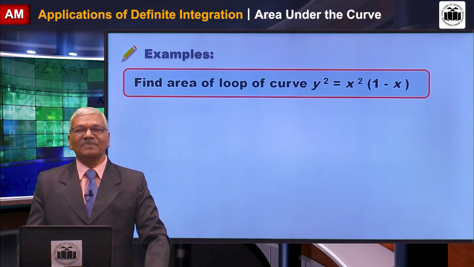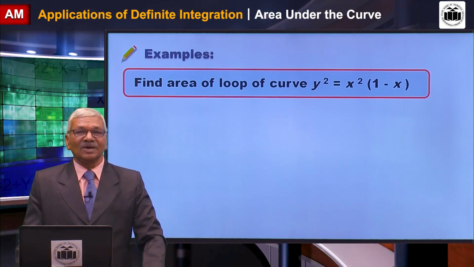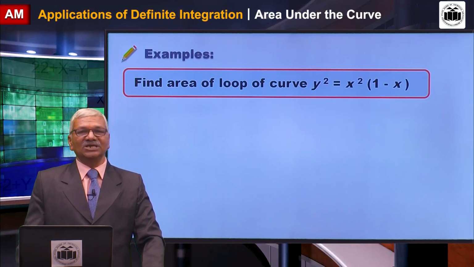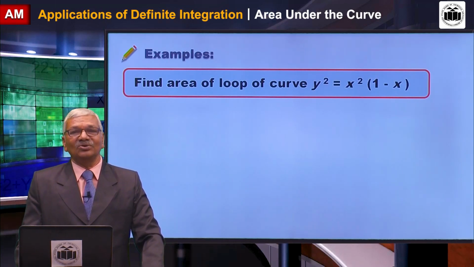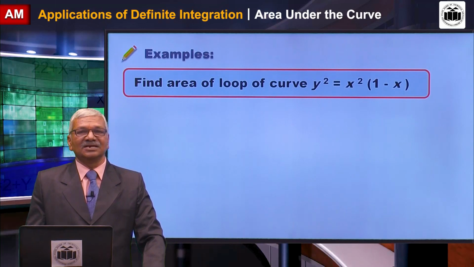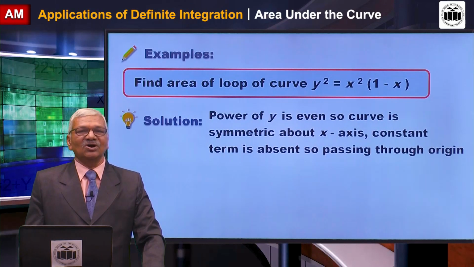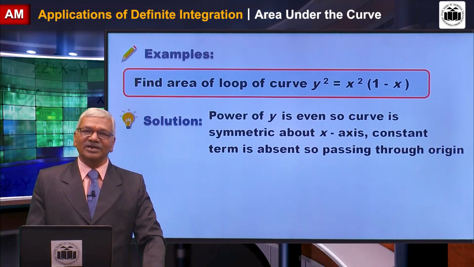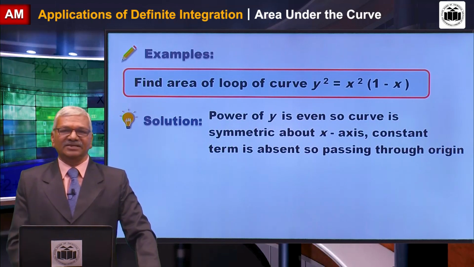So we can't say the power of x is even. Power of y is even, so this curve is symmetric about x-axis. Power of x is not even, so this curve is not symmetric about y-axis. So we come to the one point, it is symmetric about x-axis.